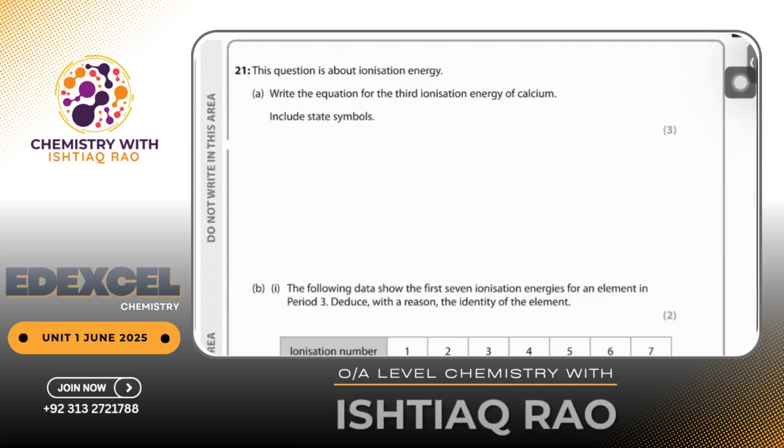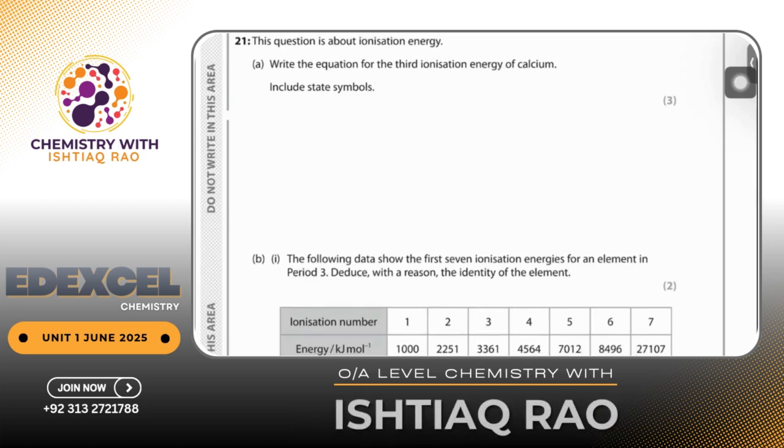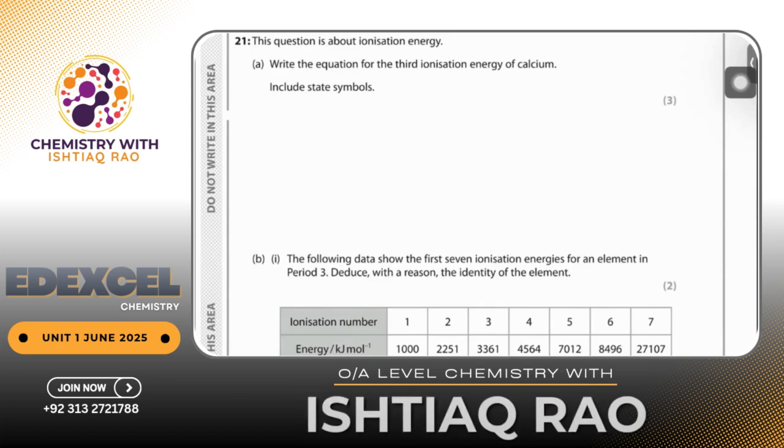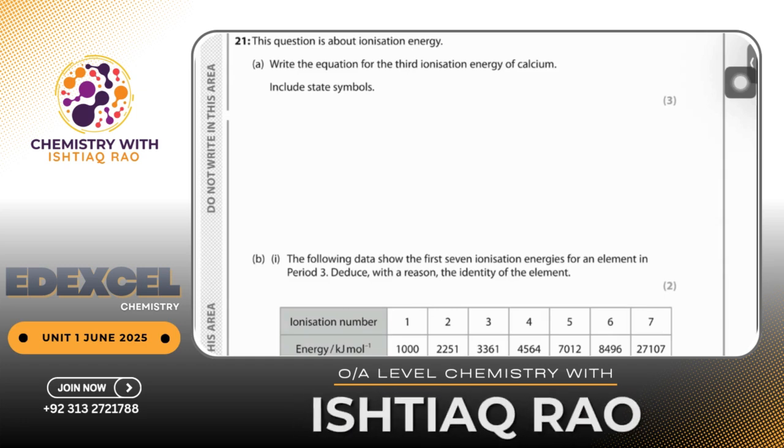No, this question is about ionization energy. It's a very baby question. Calcium loses an electron. Of course, calcium is going to lose 1 electron, then a second electron, since it's in the second group.